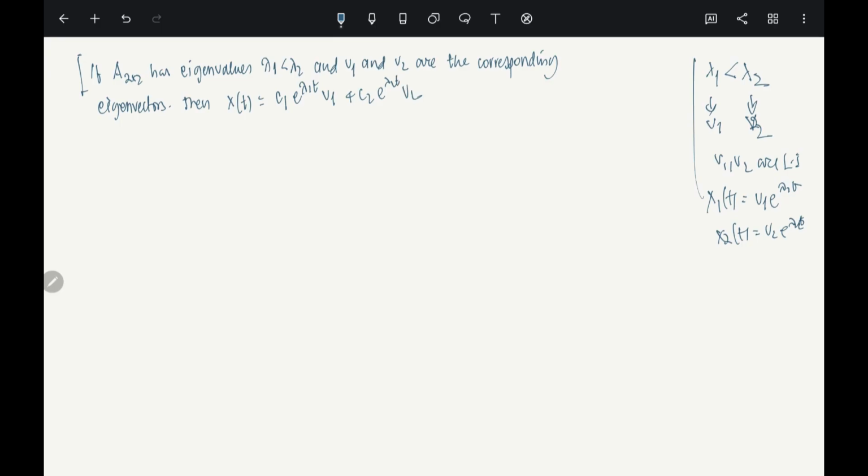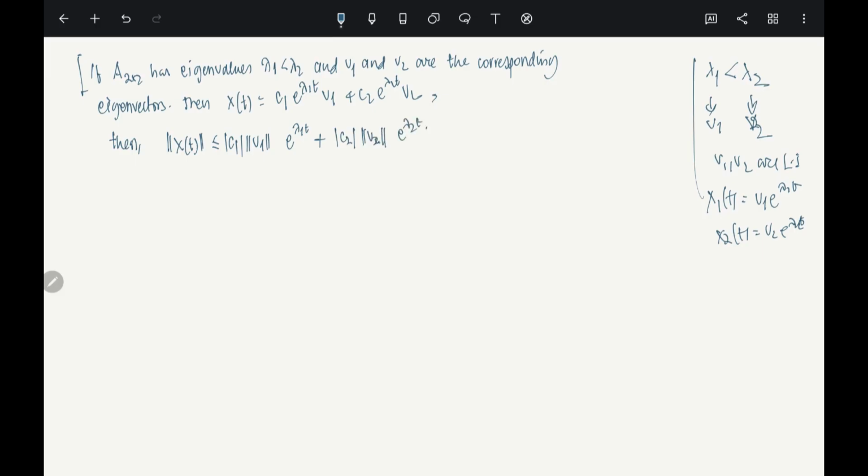That we know, from the method of eigenvalues we studied. Now, what is the norm of x of t? It is dominated by the absolute value of c1 times the norm of v1, which is fixed, times e to the power lambda 1 t, plus the absolute value of c2 times the norm of v2 times e to the power lambda 2 t.